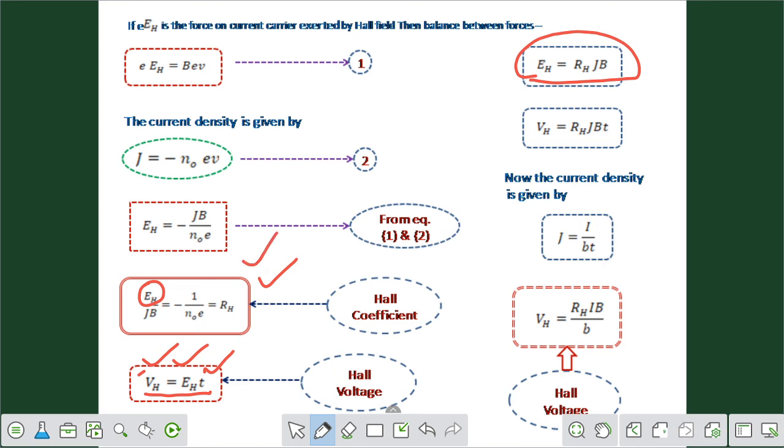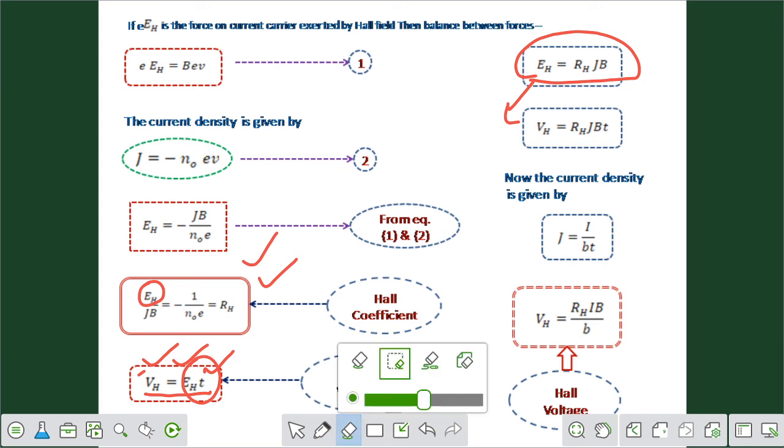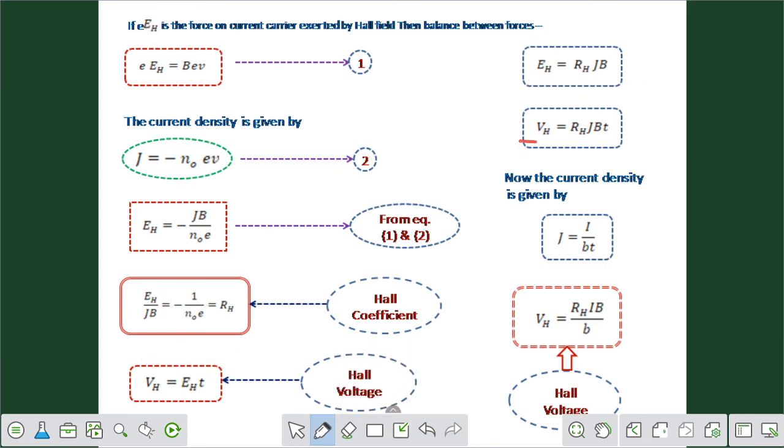So the Hall electric field will be RH J B, and if you put that in the equation VH is equal to EH t, then what you get is VH is equal to RH J B t.